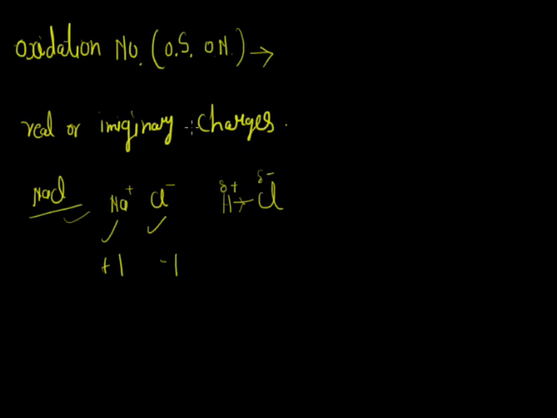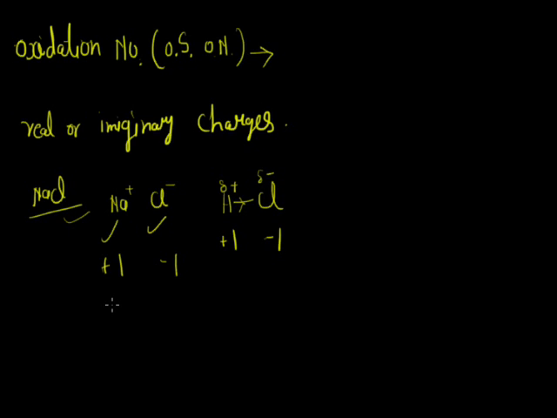So basically, these charges are imaginary. In that case, we say that the OS of Cl is minus 1 and hydrogen is plus 1. So I think it is clear what real or imaginary charges mean. These charges are also called oxidation state or oxidation number.